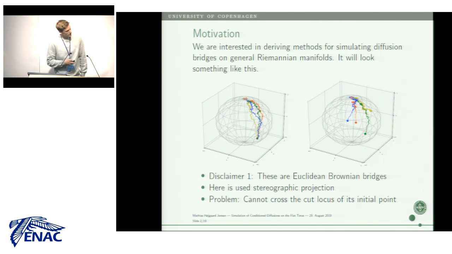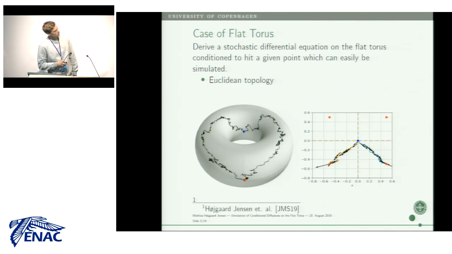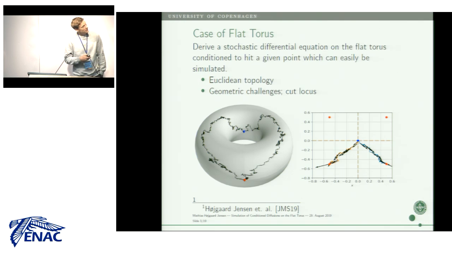So instead we turn to the case of the flat torus just to remove some of the geometric properties, like there's no curvature. In the case of the flat torus, it has the Euclidean topology, but it still has the problem of crossing the cut locus. The first picture here on the right is how two bridge processes would look on the torus, where the blue point is our starting point, and then we condition on the red point here.